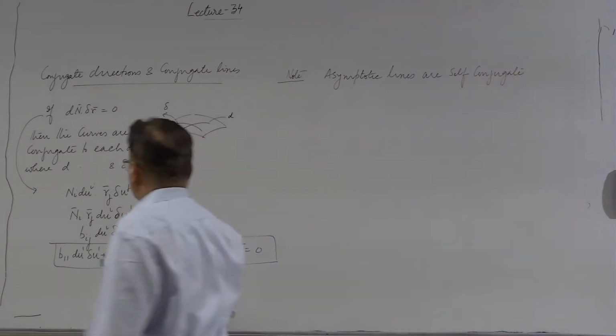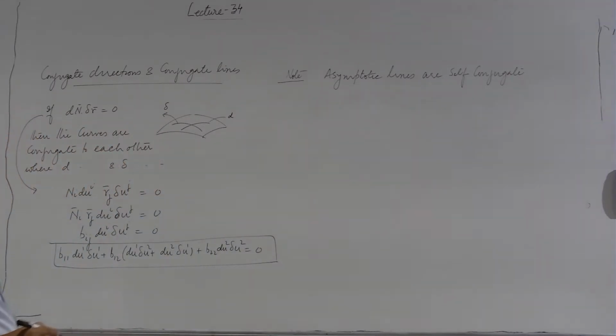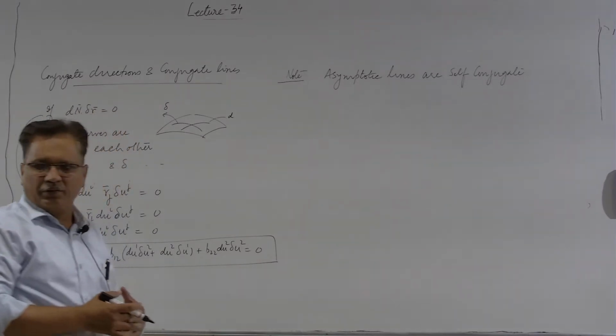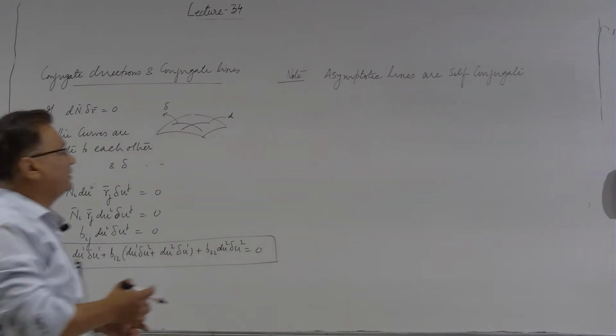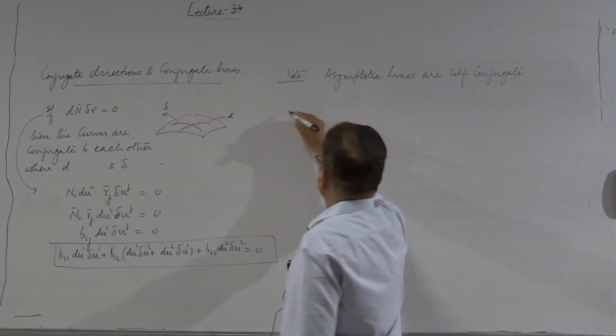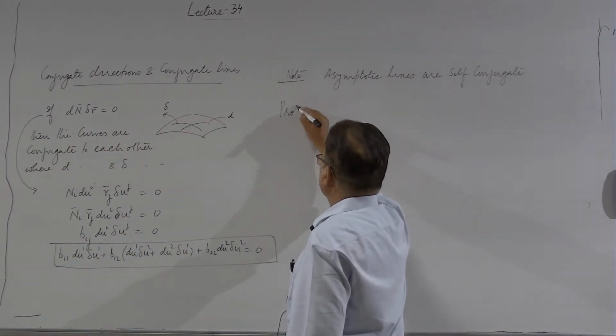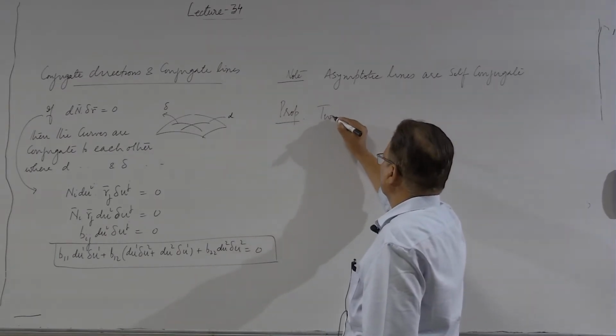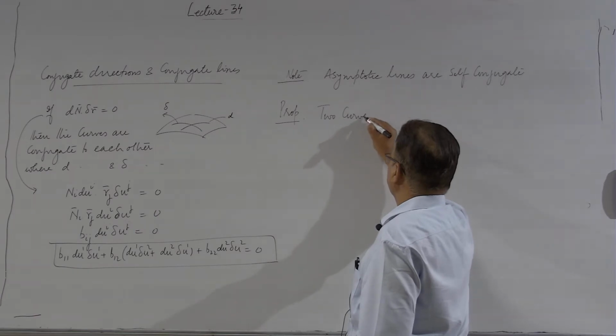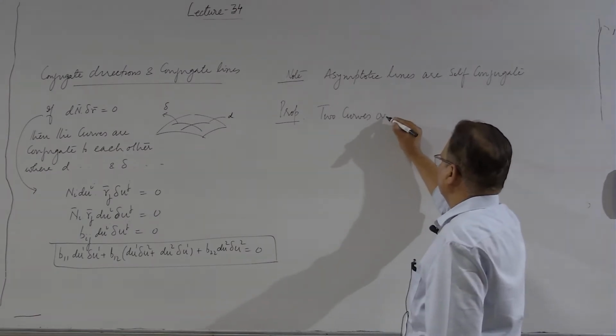Now, the next question that comes to our mind is what happens when the two curves are parametric also. So, two parametric curves are conjugate to each other if b12 is 0. So, this is the condition. You can write this down as a proposition.